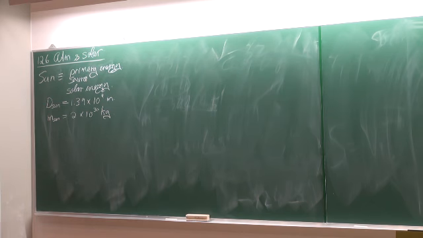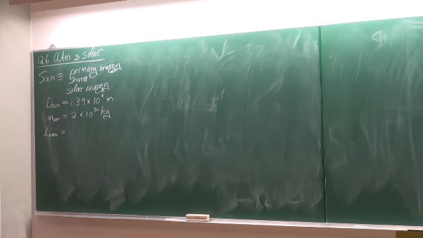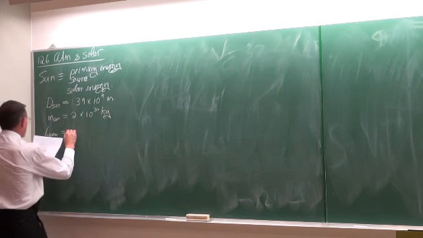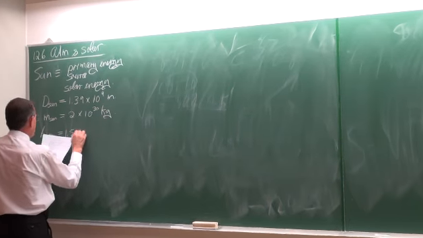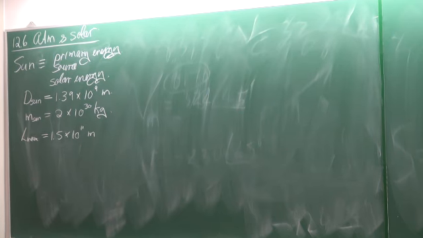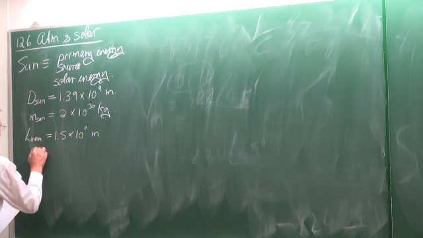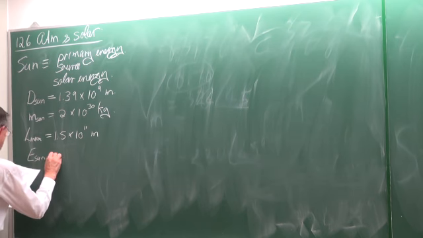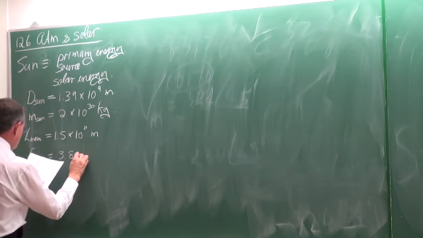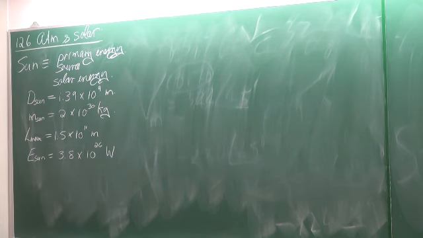And the mean distance from the surface of the sun to the outer surface of the earth is approximately 1.5 multiplied by 10 to the 11 meters. And the energy which is being emitted from the sun is approximately 3.8 multiplied by 10 to the 26 watts.